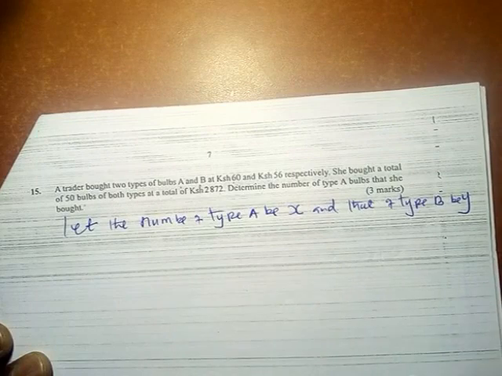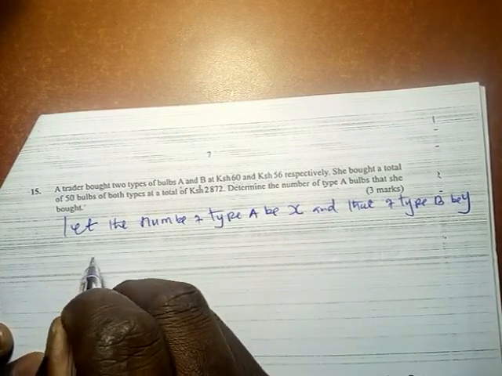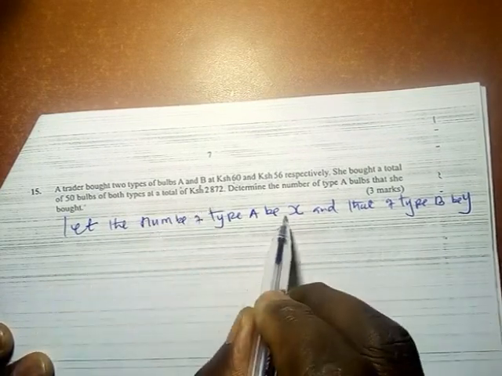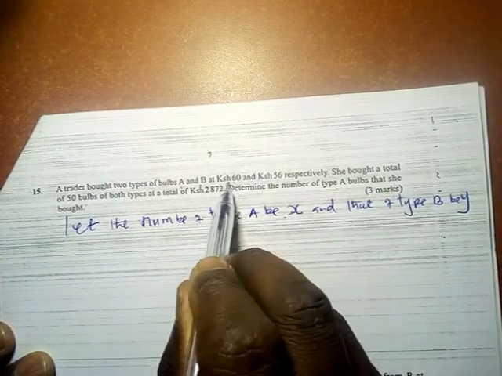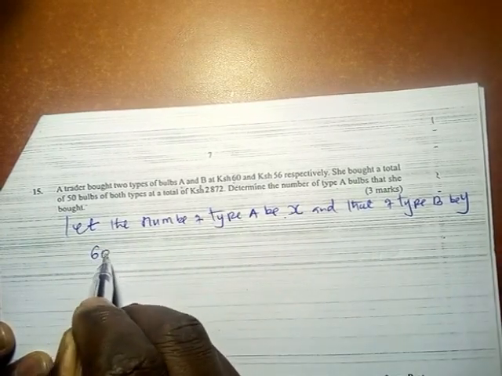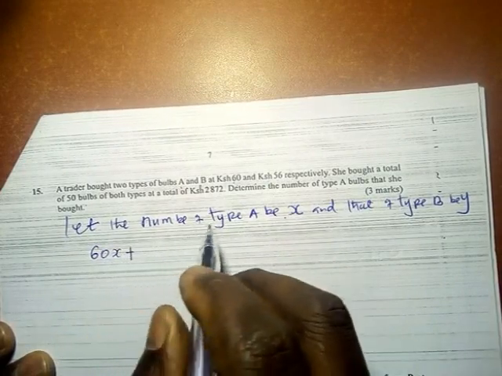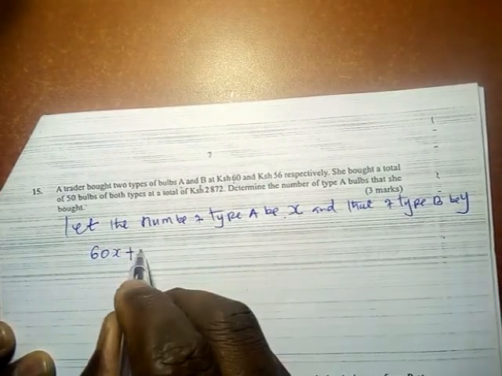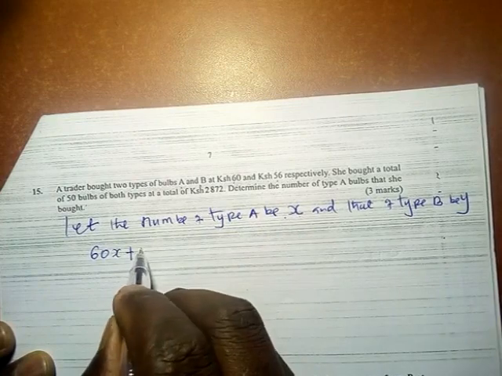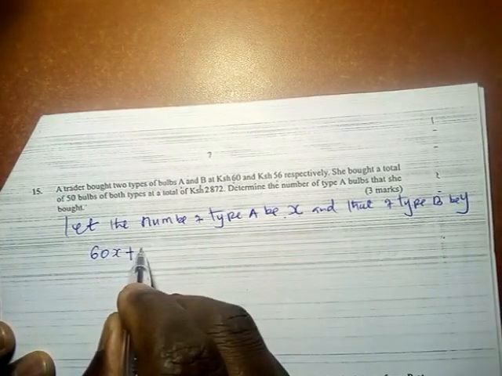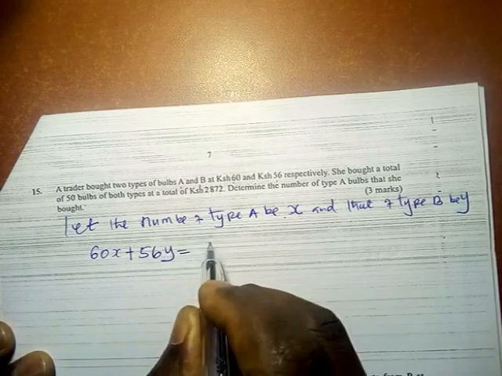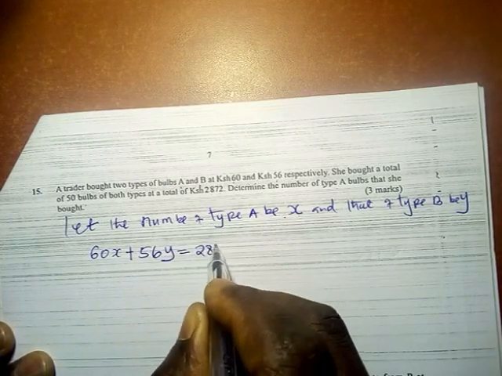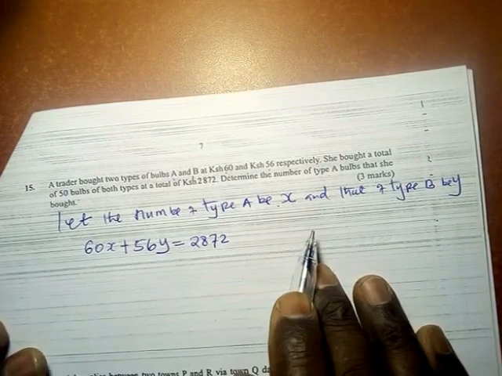So that means x of them type A times 60, we will have 60x shillings plus 56y. The total will be 28.72 Kenya shillings.